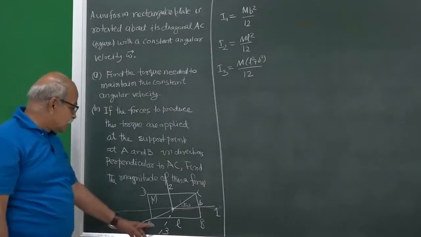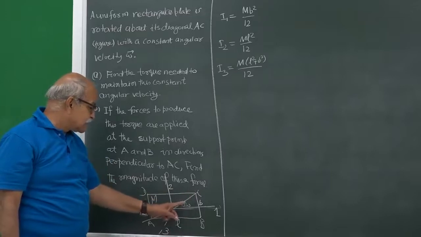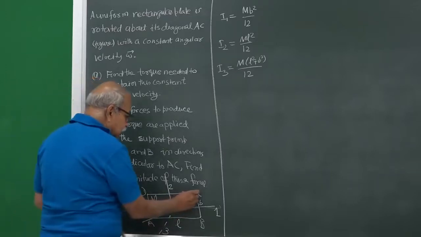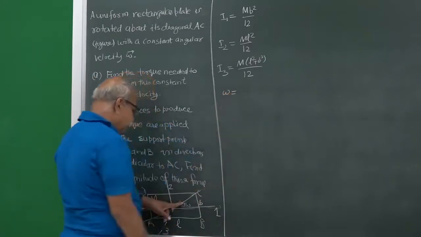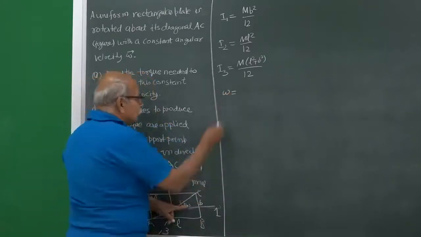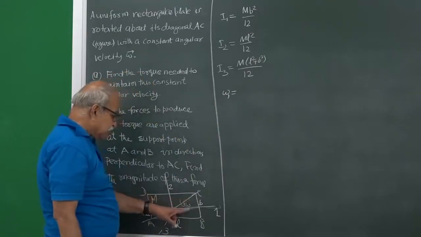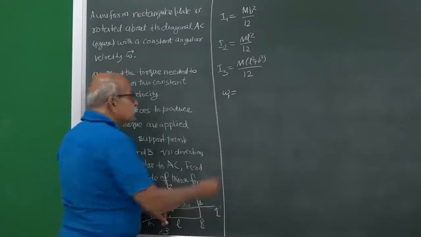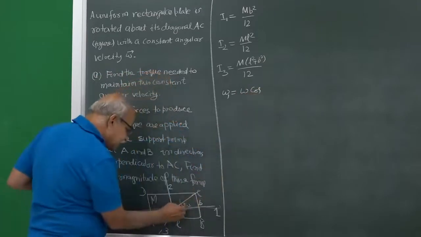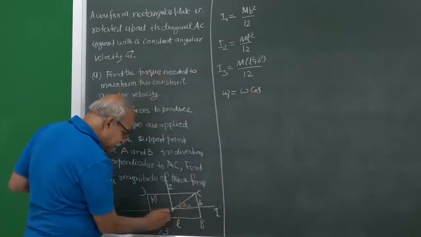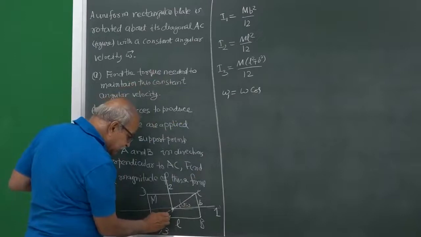And omega, this is the omega direction and the magnitude is omega and that is fixed. So, omega 1 is the component in one direction, that is omega into cos of this angle here, let us call this angle theta.